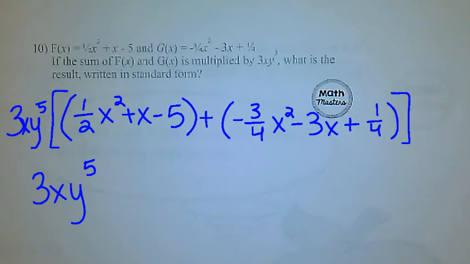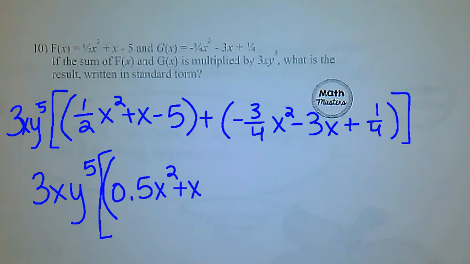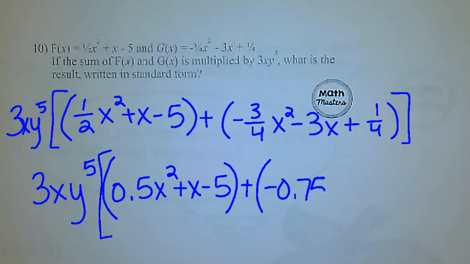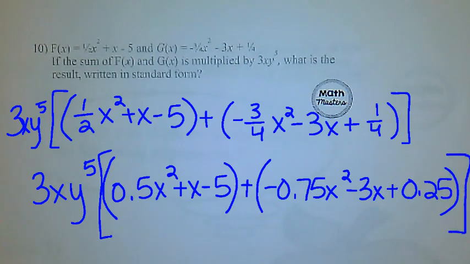Okay. So the first thing I'm going to do is change all of these to decimals. So 0.5x squared plus x minus 5 plus negative 0.75x squared minus 3x plus 0.25. Okay, again, do what's in parentheses and then distribute. Finish this for homework.